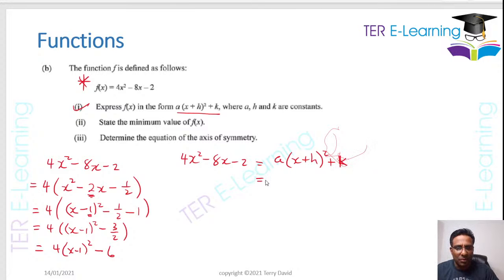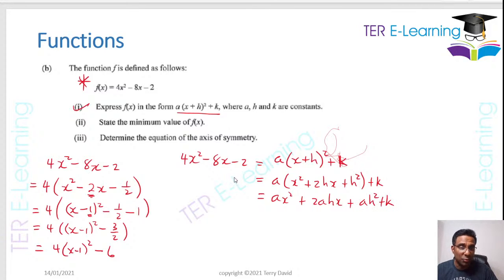Now if we expand the right hand side, we end up with a times x squared plus 2hx plus h squared, plus k, and when we simplify this, you get ax squared plus 2ahx plus ah squared plus k.